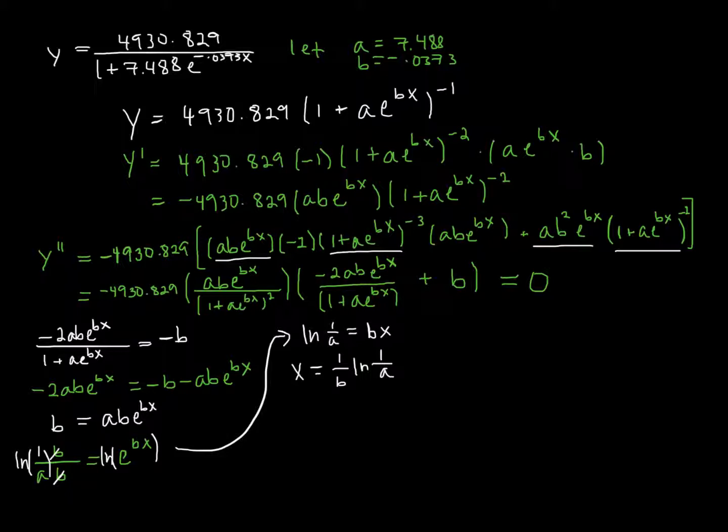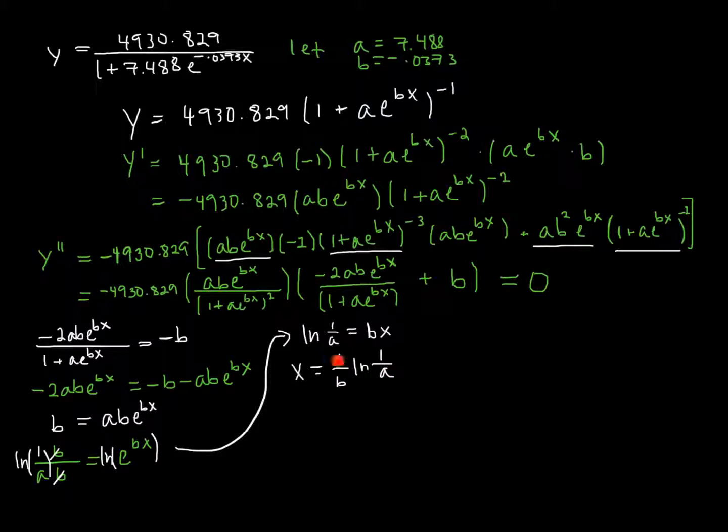And I can hypothesize a little bit about what that should be. The natural log of a number that is less than 1: what must I raise e to the power of to get something less than 1? Well, it's going to have to be a negative value because e is greater than 1. So this will be negative, and 1 over negative 0.0373 will also be negative. So I will get a positive value here.